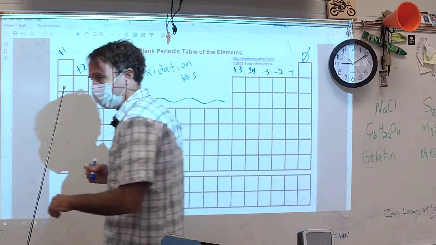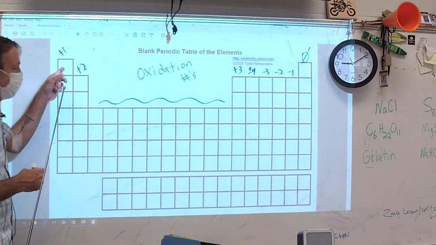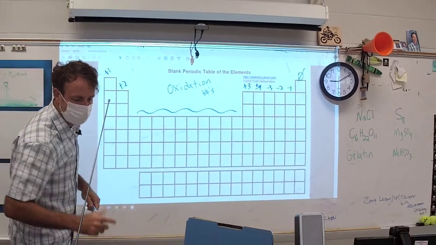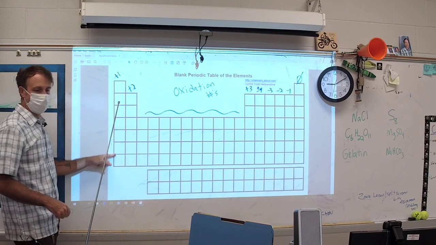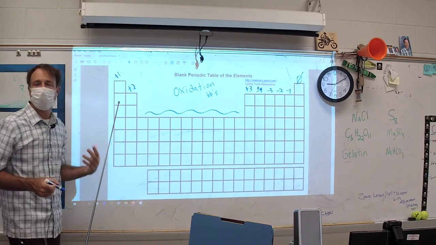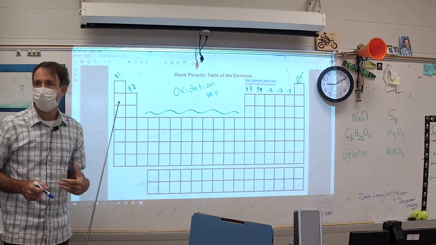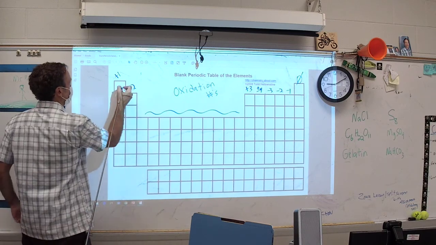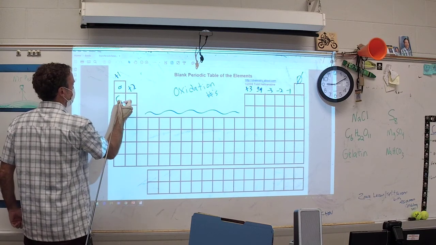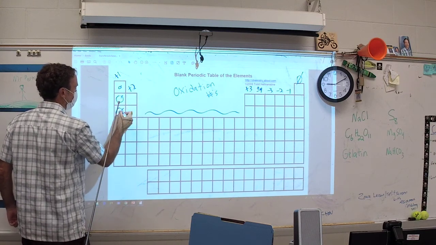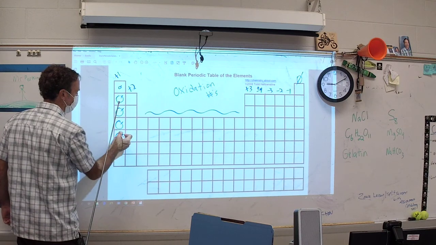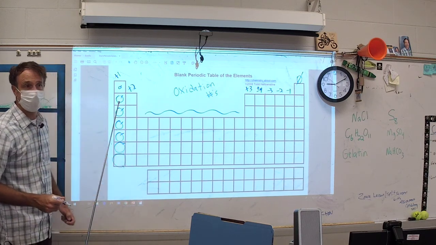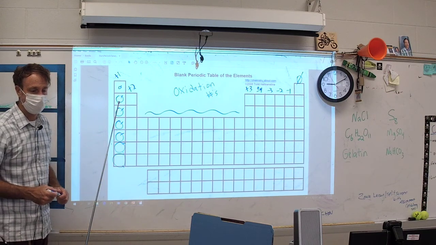All of the Bohr models in group 1, how many valence electrons do they have? 1, because they're in group 1. So this is going to be hydrogen, and then we have bigger ones. I'm not drawing the inner shells, I'm just drawing the outermost shell. So all of them have 1 valence electron, correct?